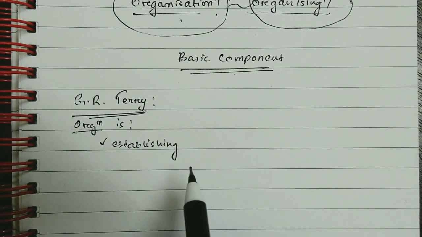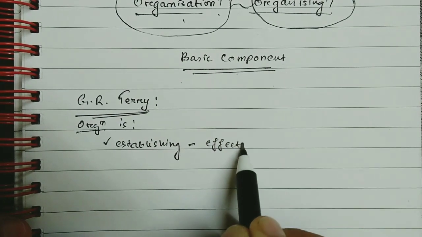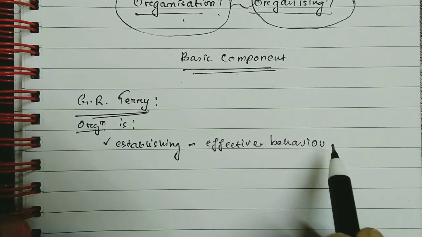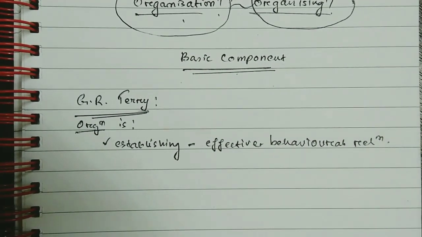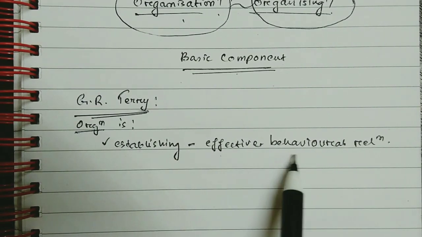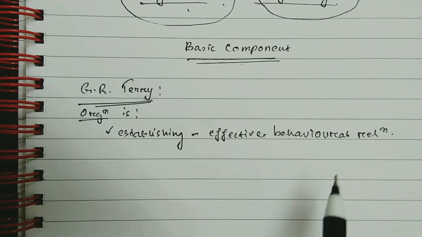Okay, what do we establish out there? Establishing effective behavioral relationship, okay? So now the question comes, why establishing a behavioral relationship? তার অর্থটা কি, okay? Or we can also ask, what is the reason behind setting up a relationship or effective relationship?